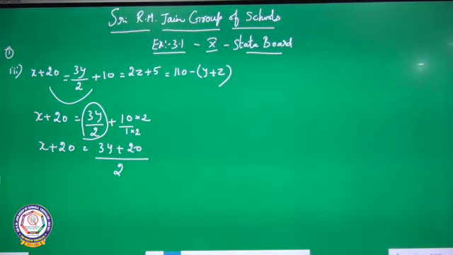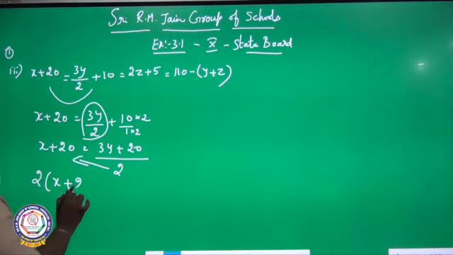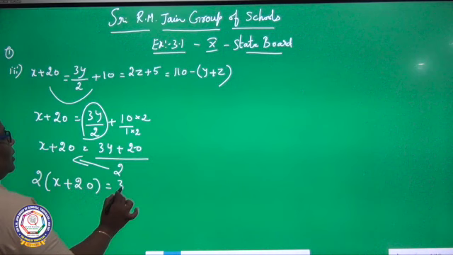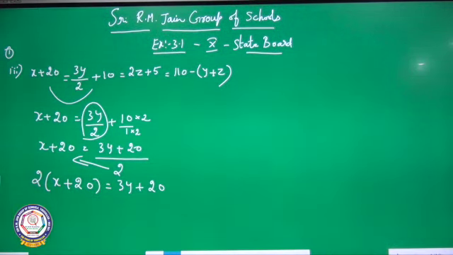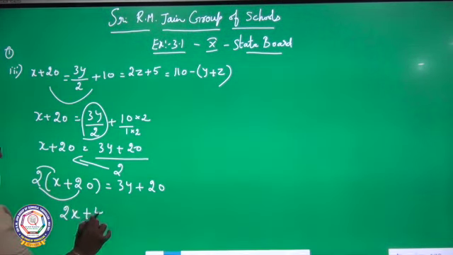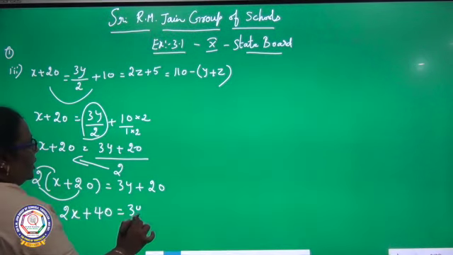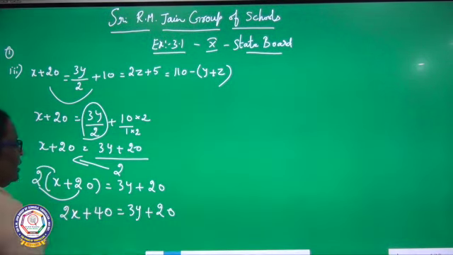So you can bring this 2 to this side. What is the value we are getting? 2 into x plus 20 equal to 3y plus 20. So multiply: 2x plus 40 equal to 3y plus 20.